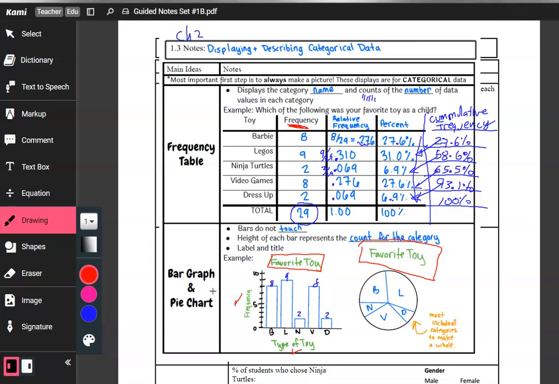So you see that N and D, like Ninja Turtle and Dress Up, are the smaller percentages, like 6.9, 6.9. That's this one and this one. And our largest one is Legos at 31. So that's why this section of the pie chart looks bigger.